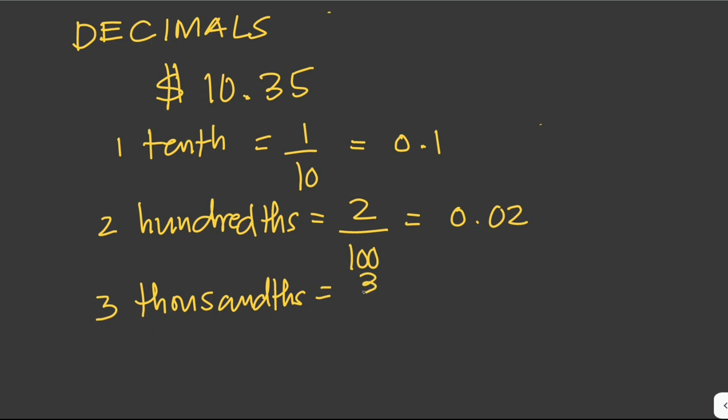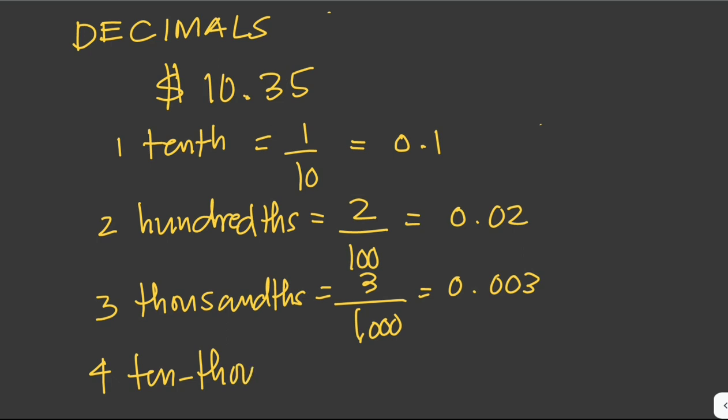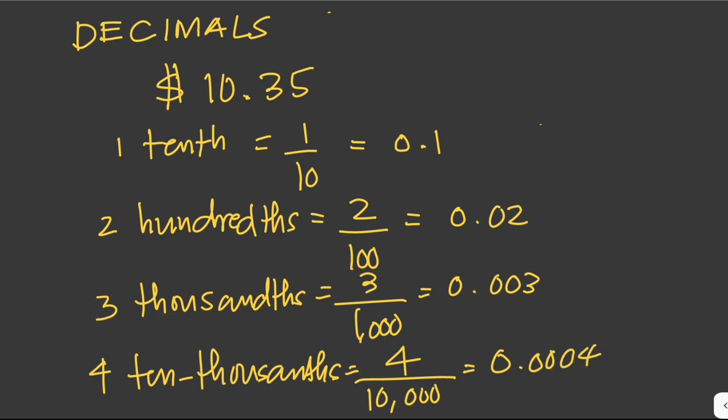We can write this as 3 over 1,000 or 0.003 or 4/10,000s. You can write it as 4 over 10,000 or 0.0004.